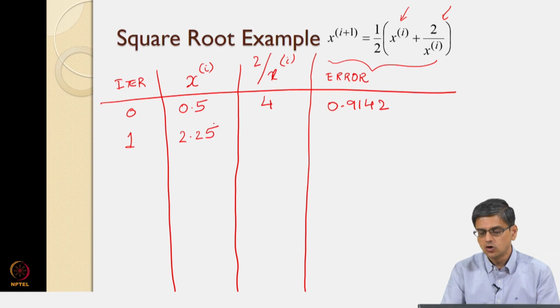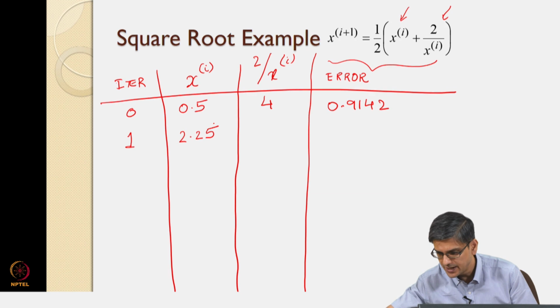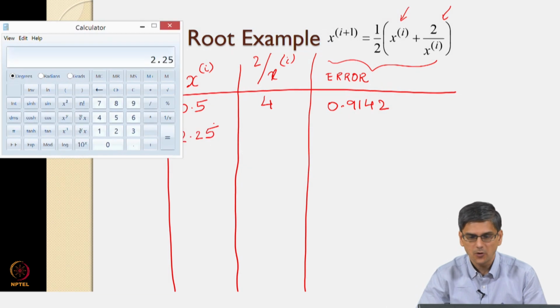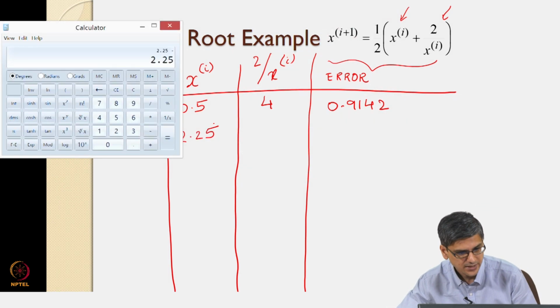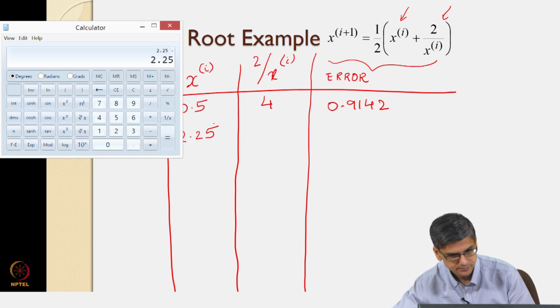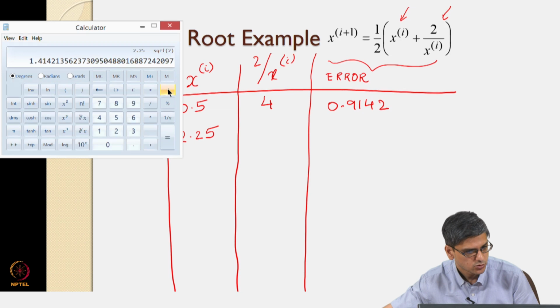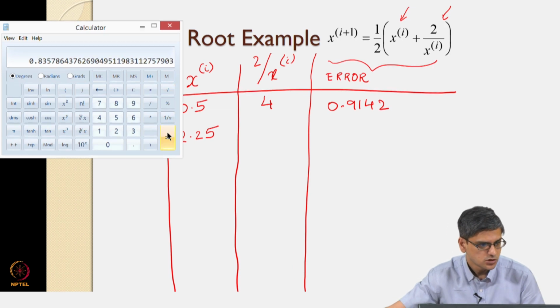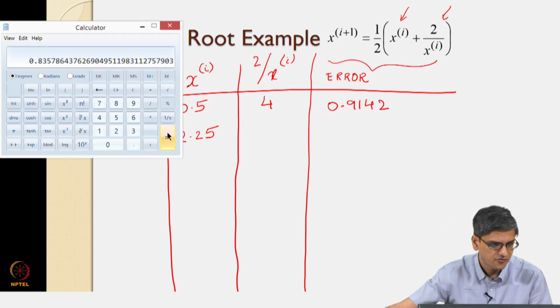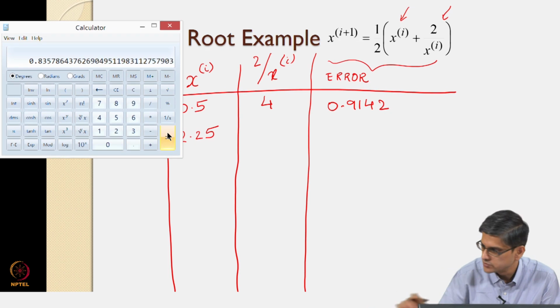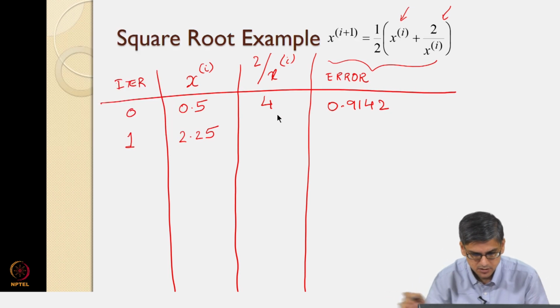What is the error? The error is 2.25 minus square root of 2, which is equal to 0.8358.